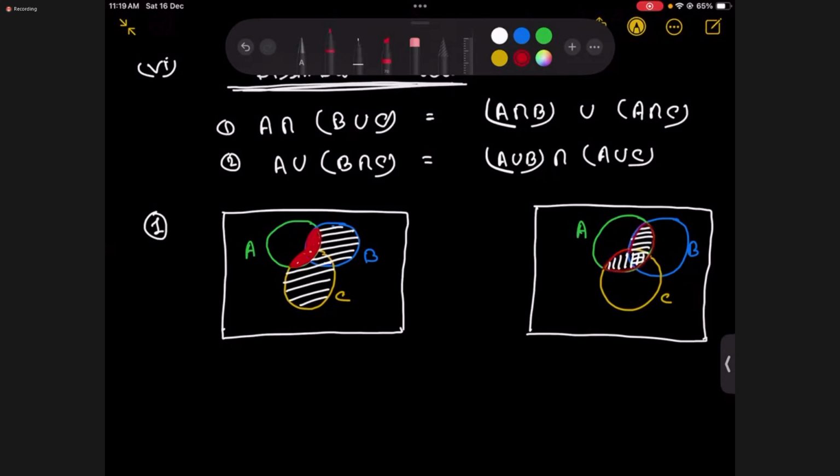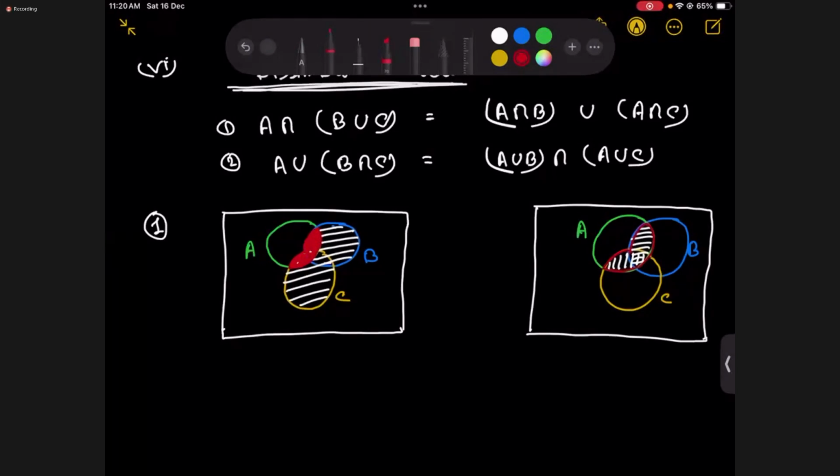I'm not making it wholly red. Just check that these two sets are the same. By seeing my drawing, it can seem like they are not the same, but yes, they are the same set.